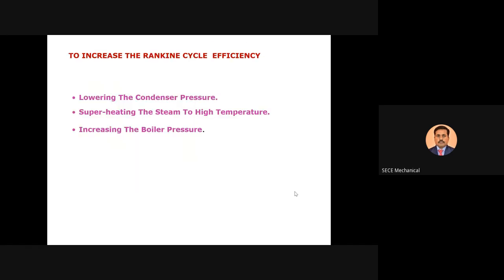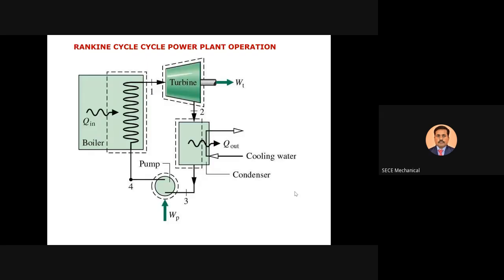If you want to improve the Rankine cycle efficiency, we can implement three concepts. What are the three concepts? Lowering the condenser temperature, adding superheating to the steam at high temperature, and increasing boiler pressure. By these three techniques we can improve the Rankine cycle. Individually we can improve the performance of the Rankine cycle.